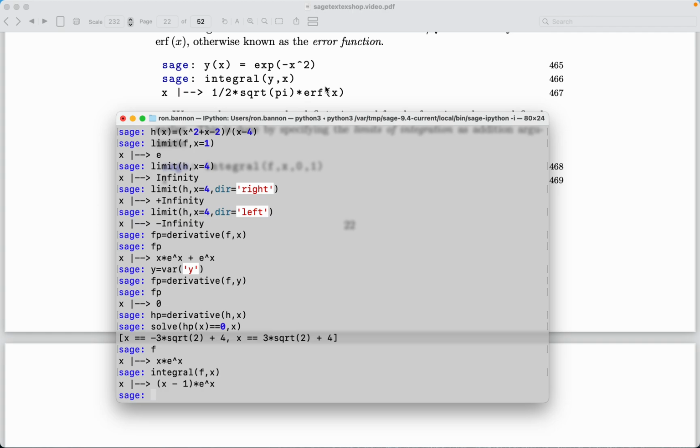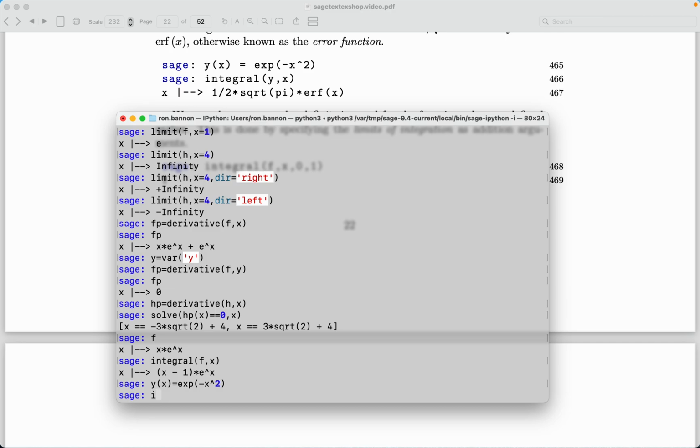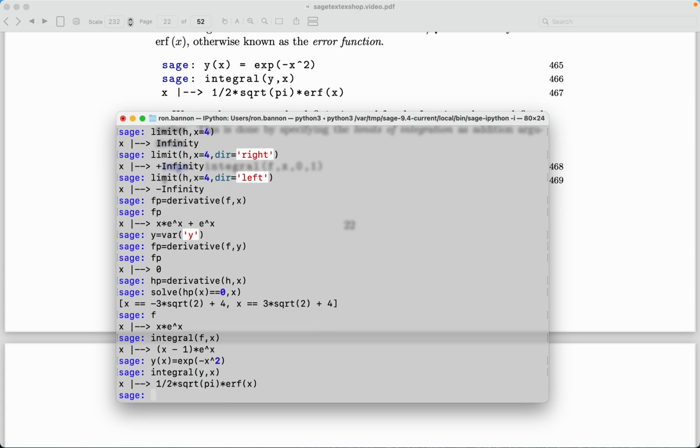Let's define a function y of x as equal to Euler's number to the minus x squared. Integral of the function y with respect to x. And it returns something that might look confusing, that error function, right?